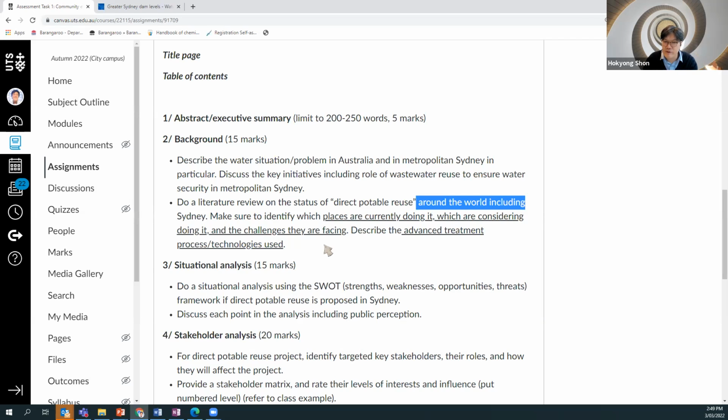But in the future, I'm sure that we will have more population, also unpredicted climate change, weather conditions, and severe drought. So we don't know what our water resource will be, and then direct potable use could possibly be implemented in the coming decades.